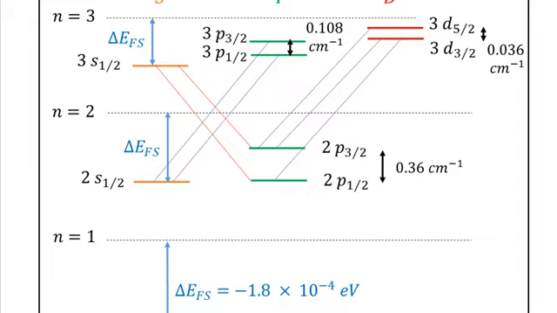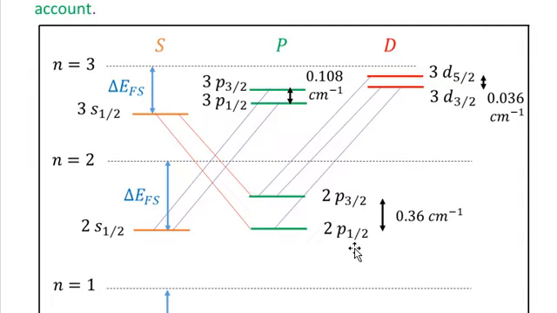Here in this diagram, I have assumed that the level P1/2 and the level S1/2 are at the same energy level. Similarly, I have assumed that the D3/2 and the P3/2 are also at the same energy level.